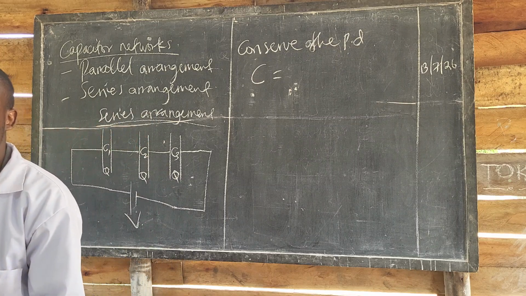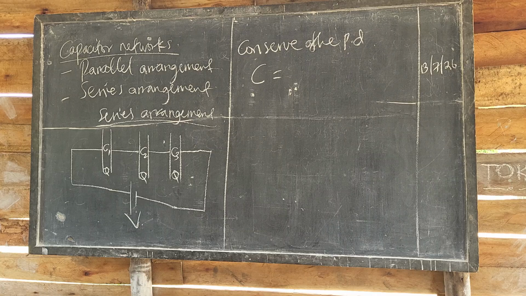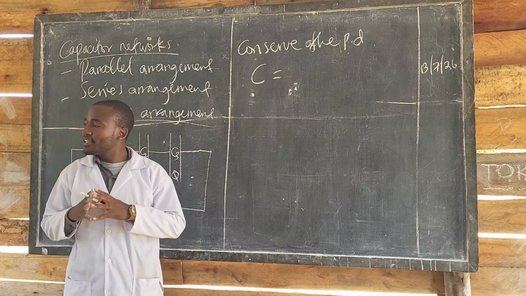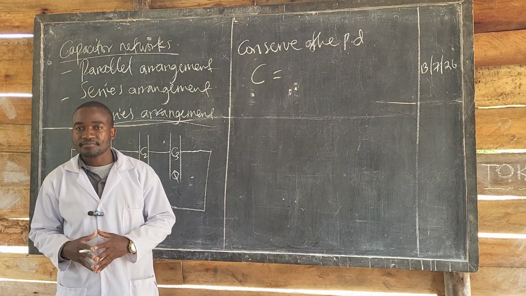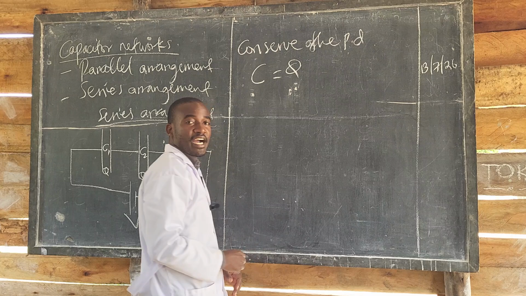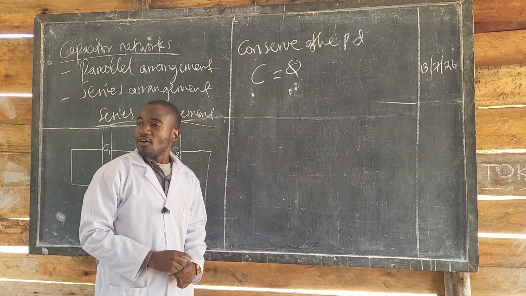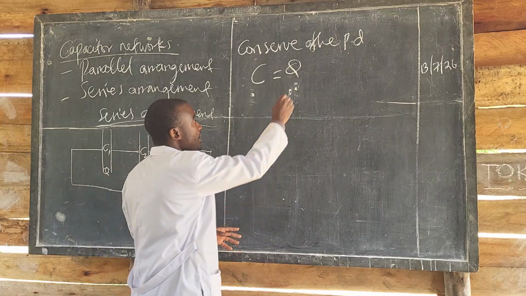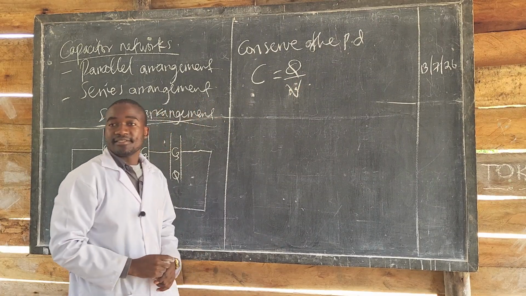Anybody can try to remind us: how did we, from first principles, define the capacitance of a capacitor? The ratio of the magnitude of charge on either plate of the capacitor to the PD between the plates.